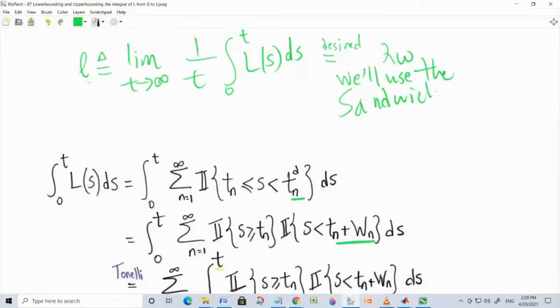We will use the sandwich theorem, which means that we will take this quantity, specifically the integral, and we will upper bound it and lower bound it. Then we will show that if you take the upper bound and the lower bound, divide them by t, and take the limit as t goes to infinity, you will converge to lambda w.